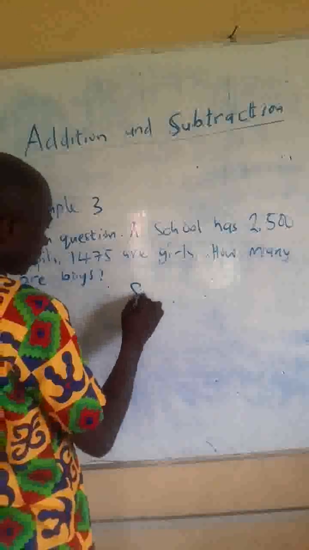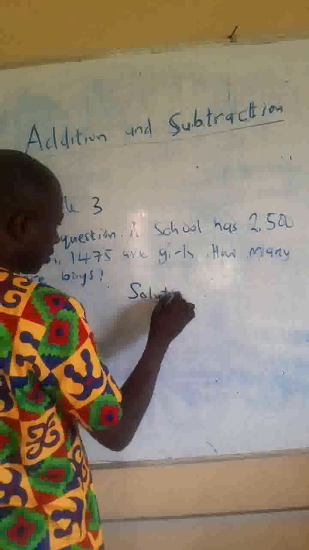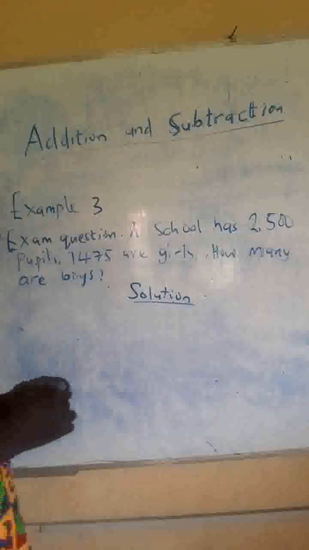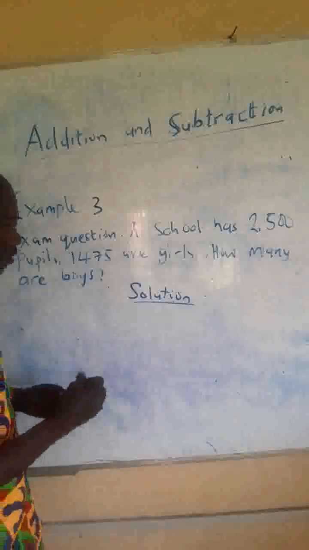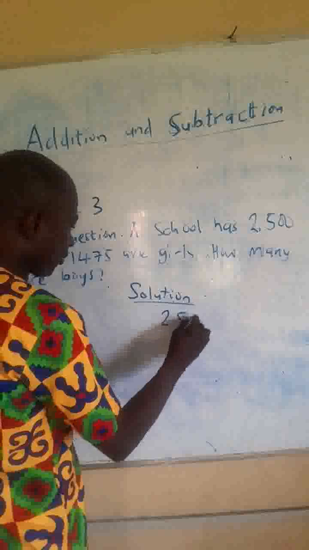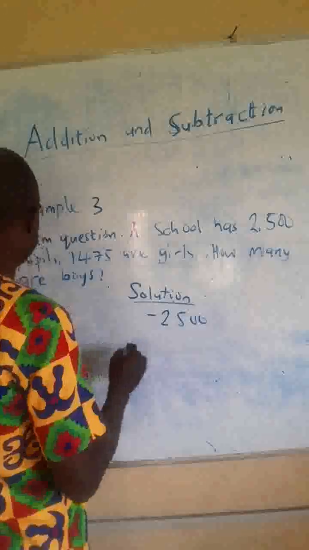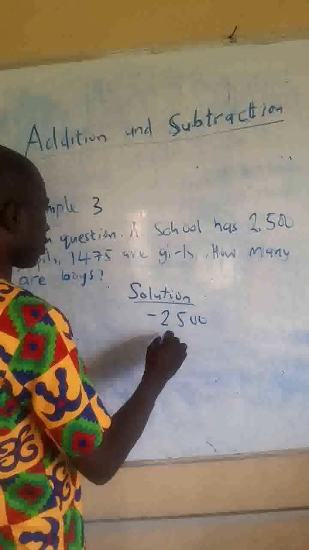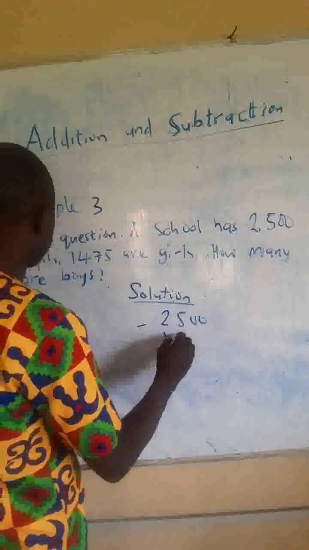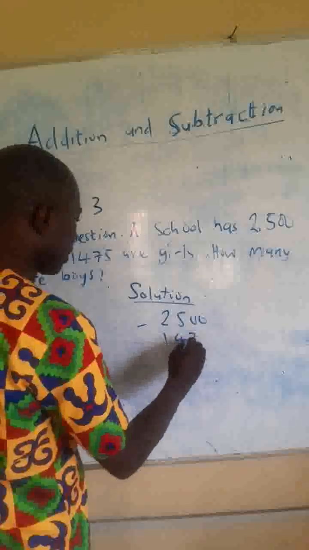So now, the solution. Just as we solved in the previous example, we'll put them in vertical form. So it will be 2,500 minus 1,475.